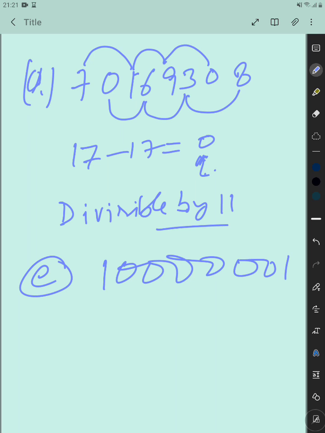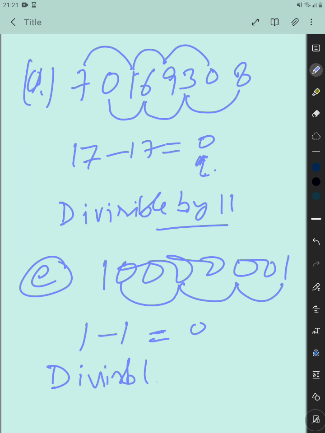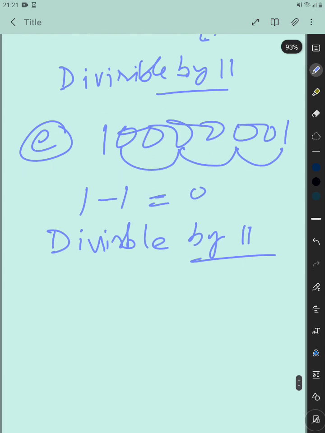So here also we'll add up odd and even places. The odd places sum to 1, and the even places also sum to 1. So the difference is 0. It is divisible by 11. So this completes question number 4.